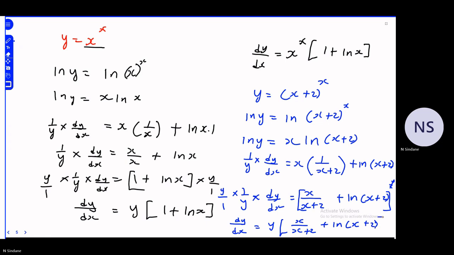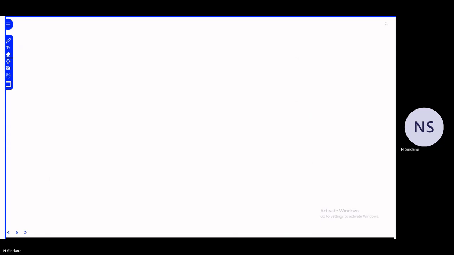From there, dy over dx is equals to, what is my y? My y was given as x plus 2 to the power x into x divided by x plus 2 plus ln of x plus 2. That is my final solution for this type of question.